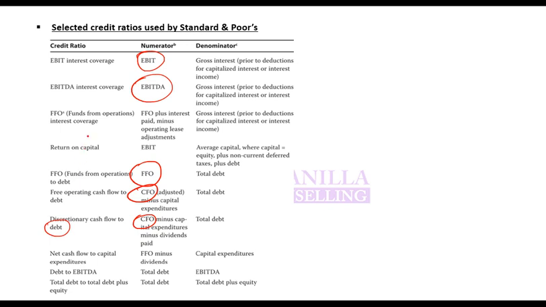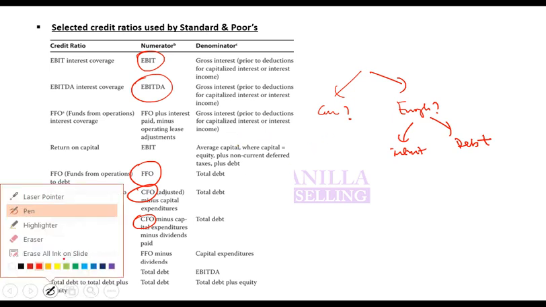What they are mostly doing is comparing a proxy of cash flow with either the interest payment or the debt payment. Why? Because you need to know how much cash the company is generating and whether that is enough to pay off interest and debt. If it is enough, then the company is in good shape with respect to credit rating, and if it is not, then the company would have a lower credit rating.